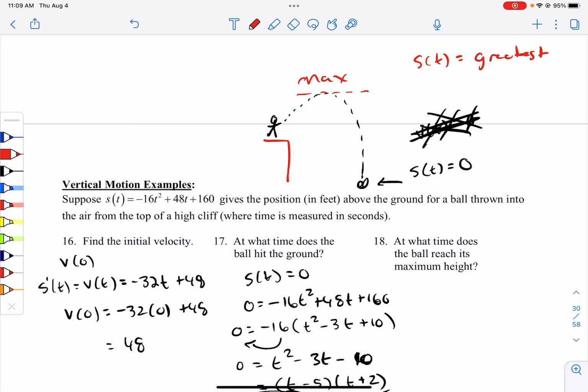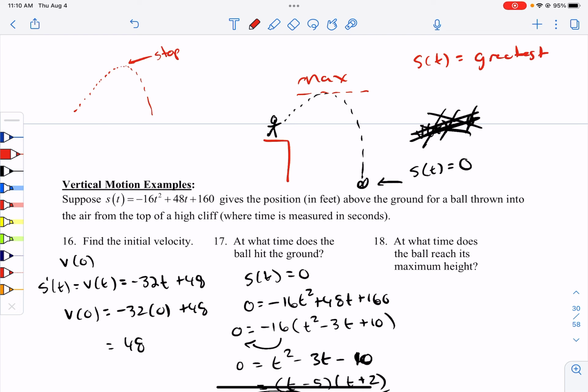It's the maximum, right? I don't really know how to find that. I mean, we do using trig from other classes. But what I do know is the ball is going up and then it stops and goes down. And I think that's the key right there: at the top, the ball stops moving.